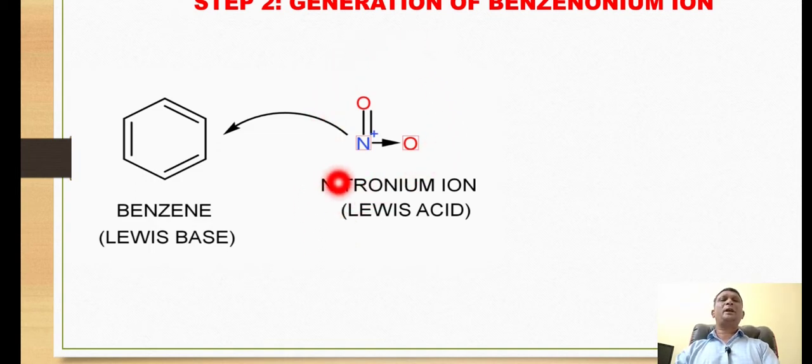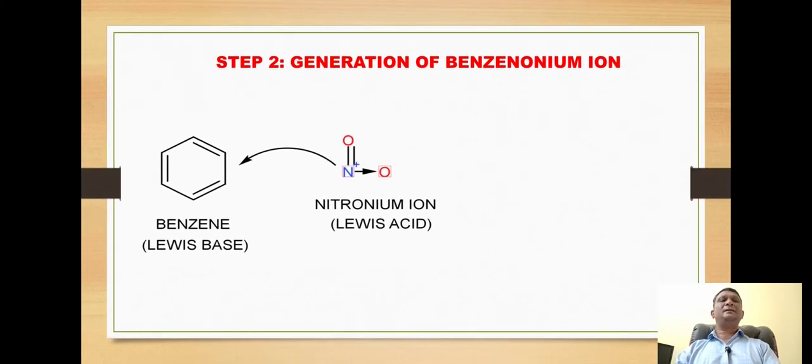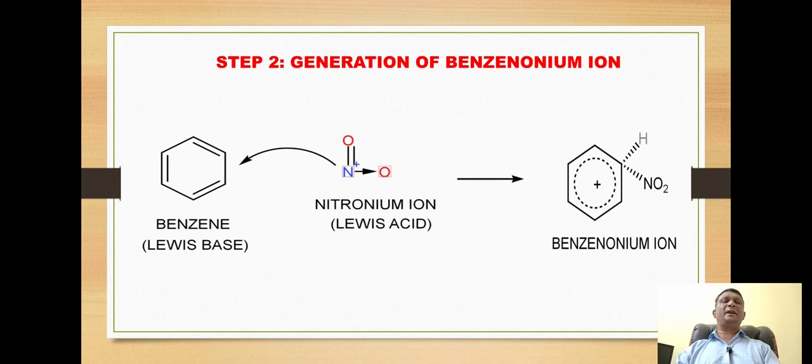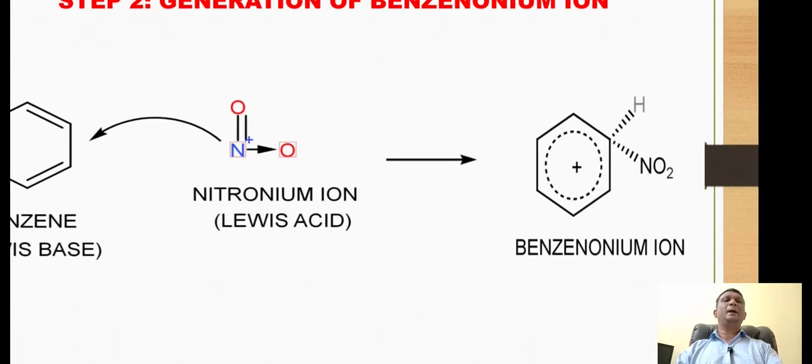The nitronium ion, which is deficient in a pair of electrons, behaves as the Lewis acid, while the benzene, which is the source of pi electrons, behaves as the Lewis base.